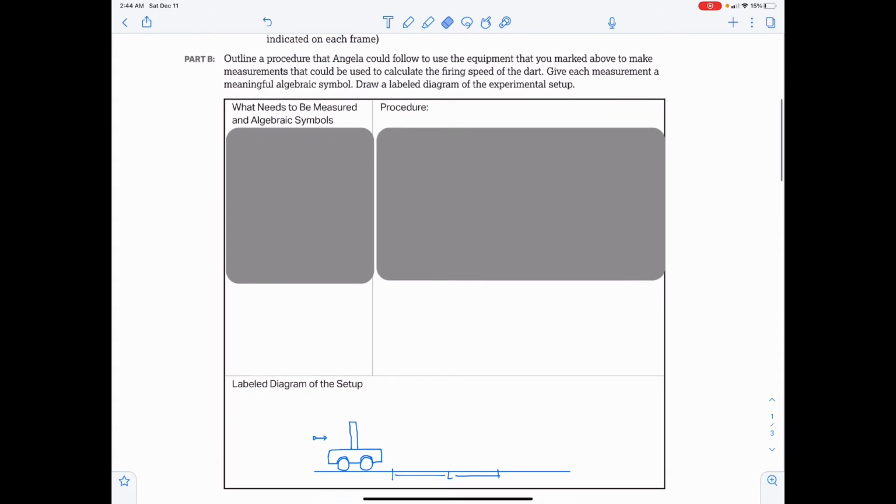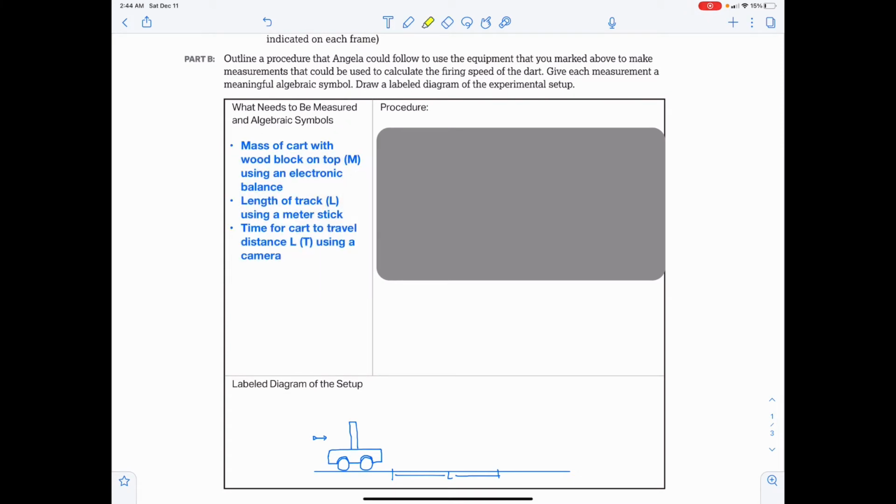So what would need to be measured? Well, we would need to measure the mass of the cart using an electronic balance, the length of the track using a meter stick, and the time that it travels using the camera. So you can use the video frame by frame to get the time.